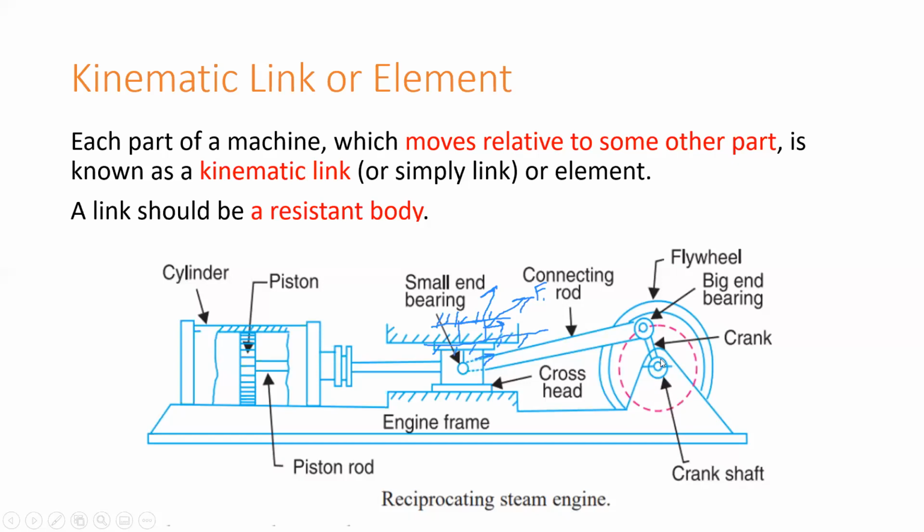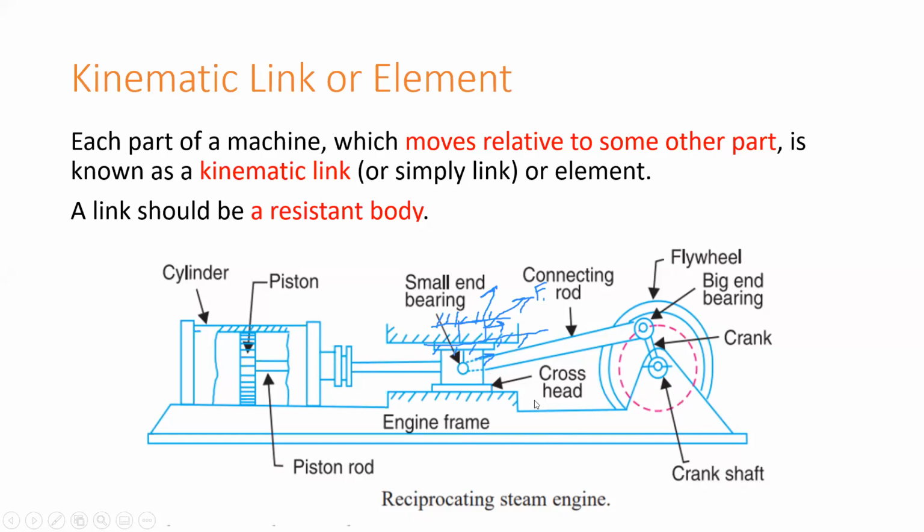The motion possible between them is that the crankshaft rotates with respect to the engine frame. This rotation is again constrained motion because only rotation is happening. Sliding is not happening between crankshaft and engine frame, so this is another kinematic pair.